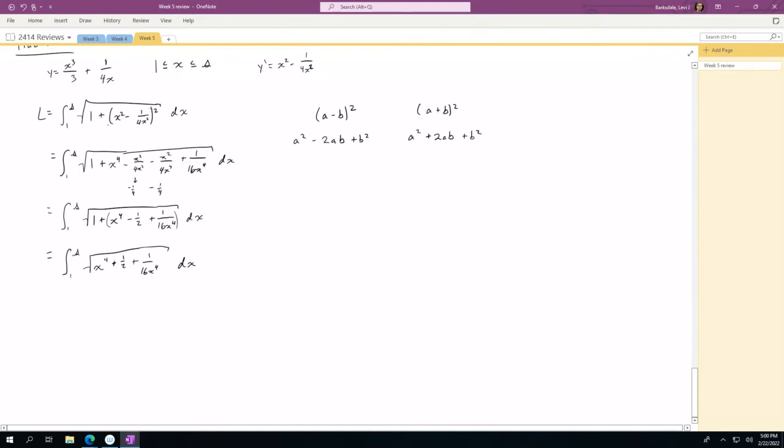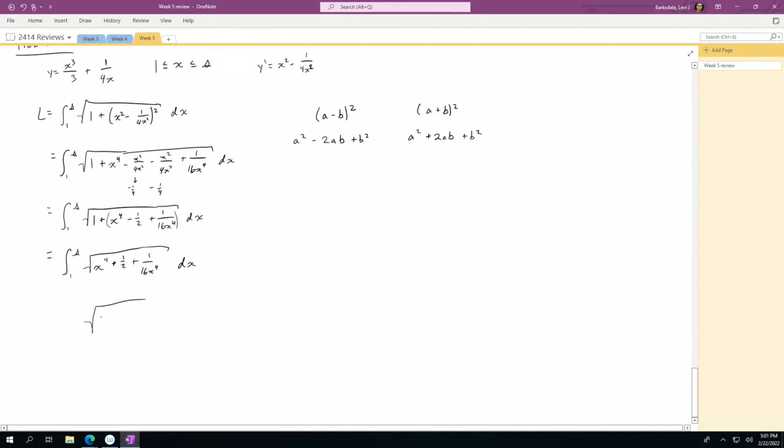So if you look at the squared expansion of this, our 2ab term is minus 1/2. If we look over here, our 2ab term is plus 1/2. And our a squared and b squared terms are the same, which tells us that because we have an a minus b perfect square for the negative version, for the positive version we should have an a plus b version.